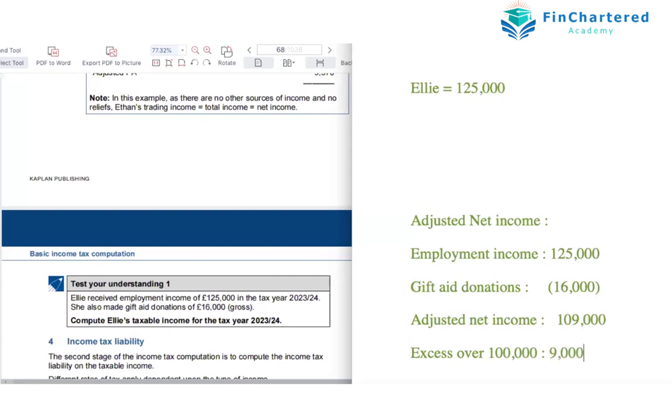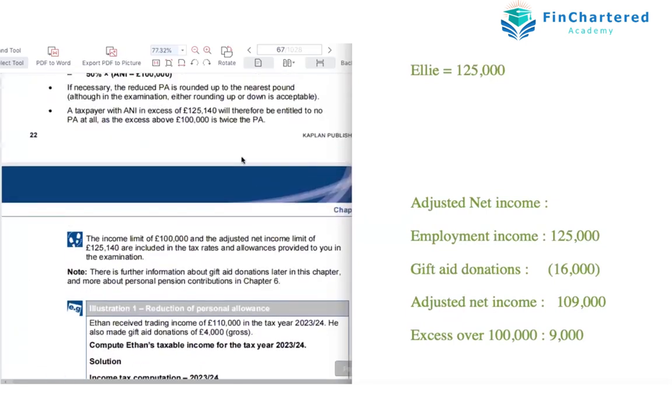Kunal, I hope you are understanding. Over and above 100,000, there is 101, 2, 3, 4, 5, 6, 7, 8, 9,000 as the excess. This excess will fall by, or there will be a 50% reduction in this excess. So how much is 50% of 9,000?